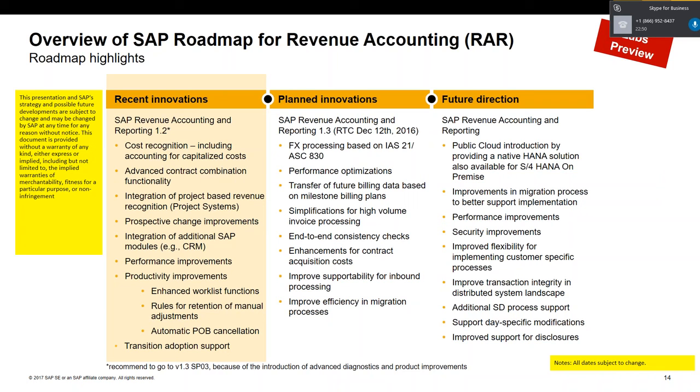The last couple support packs have really tried to spend time on consistency checks and improving the way that we manage the data within RAR, just to make it more fault tolerant and more robust. As we look to the future, we still have a long roadmap. There are several things that we don't cover yet, and things we'd like to add, like public cloud. Certainly you can use RAR in the private cloud, but some people ask us to put it in more of a multi-tenant SaaS model, so that's always on our radar.